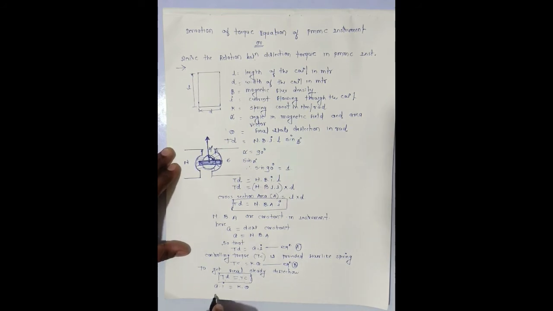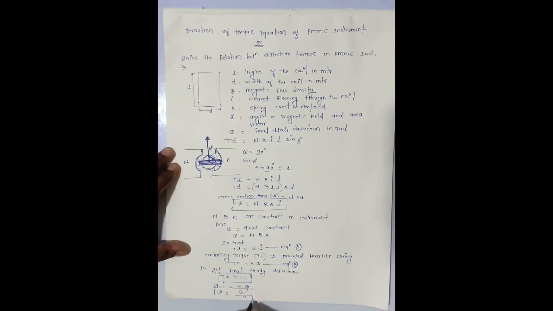So the final steady deflection, that is theta, is equal to G into I divided by K.